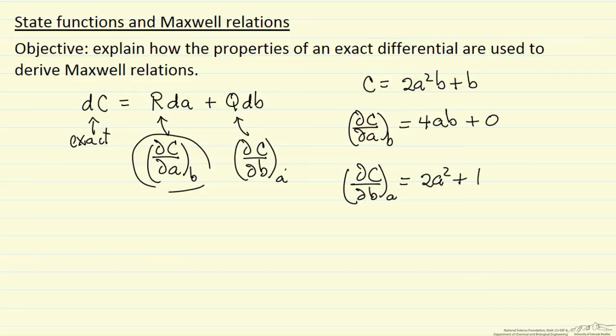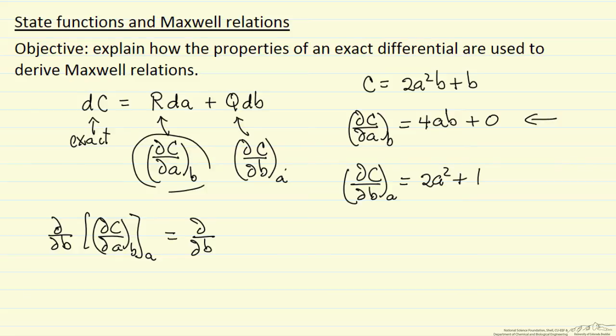Now suppose we wanted to differentiate again. So what I'm going to do now is differentiate this term, the derivative of C with respect to A at constant B, with respect to B, keeping A constant. So that's the derivative with respect to B of 4AB, keeping A constant, and this is going to be 4A.